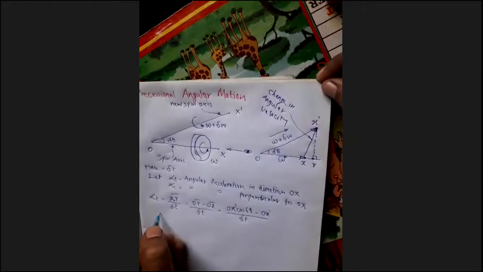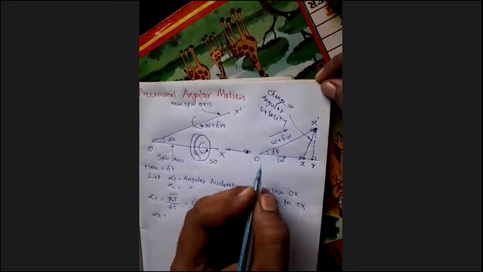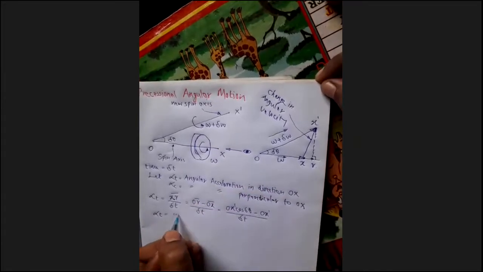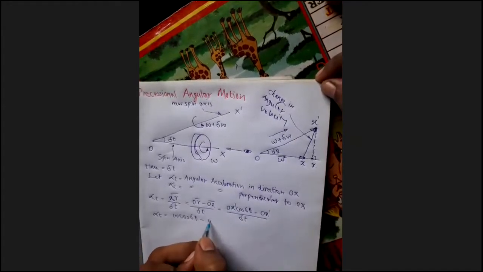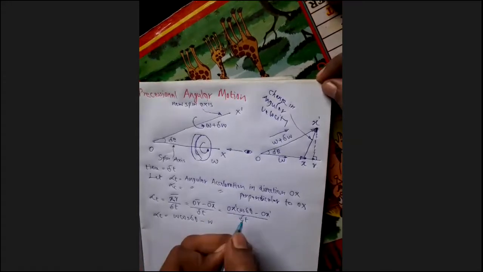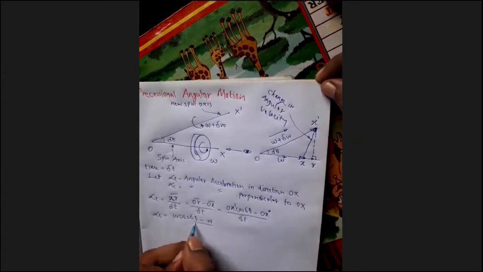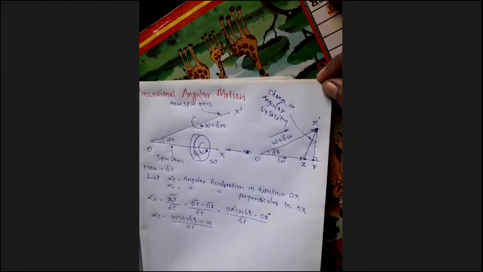So we got the expression for alpha t. Now OX dash is omega, omega cos delta theta minus OX. Sorry, this is not OX dash, this is OX, and OX is again omega, divided by delta t.